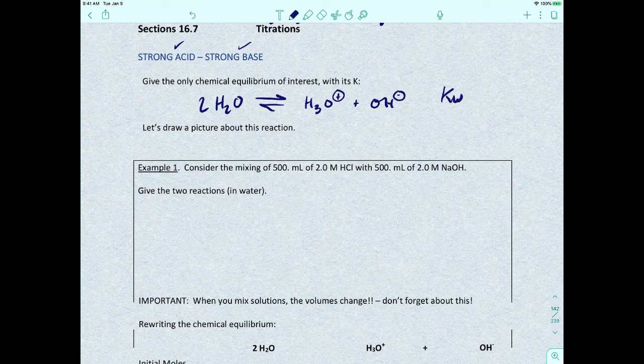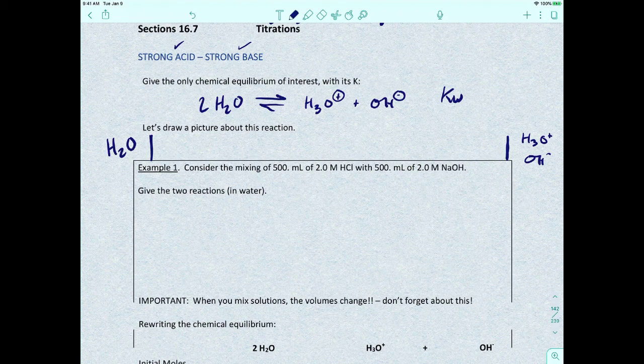All right, so think of it this way. I'm going to draw a little diagram over here. On one side, you're going to have two lines. On the left-hand side, this is your reactant. You've got water. On the right-hand side, you've got H3O plus and OH minus, your products.